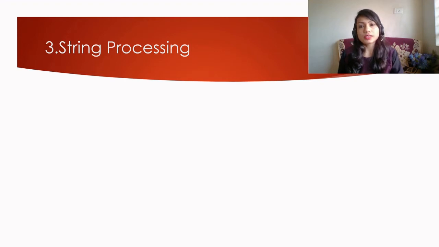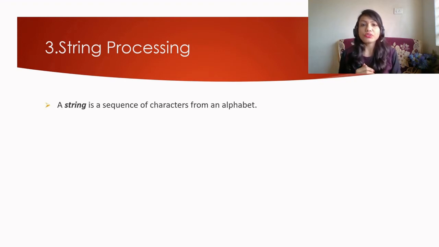Then what is a character? A character is nothing but a single alphabet, number, or special character coded within single quotes. So string processing deals with a sequence of characters from an alphabet. For example, "hello". Strings are in double quotes, whereas characters are in single quotes.